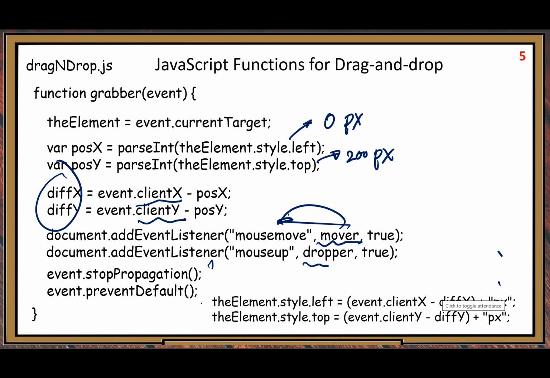How do you update? Set the property value, the element dot style dot left. Then do the integer calculation: current location, subtract the difference.